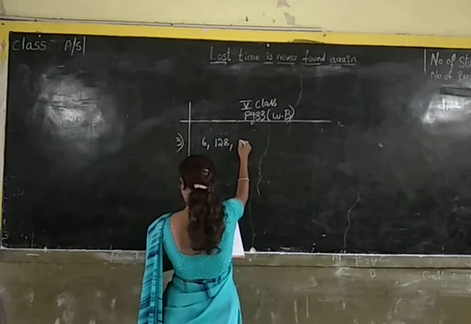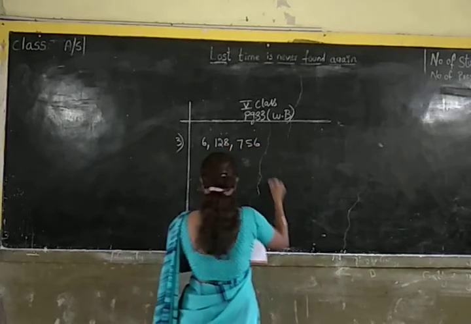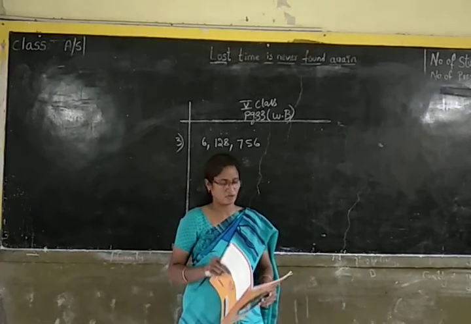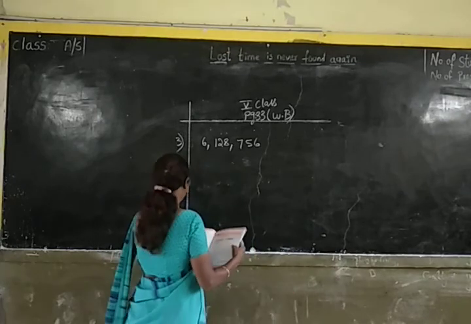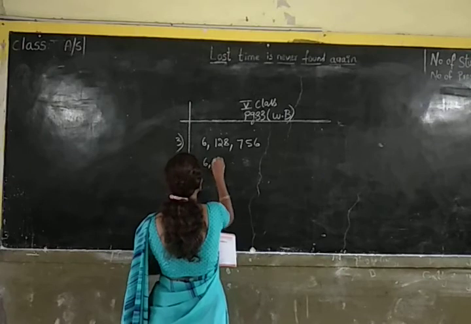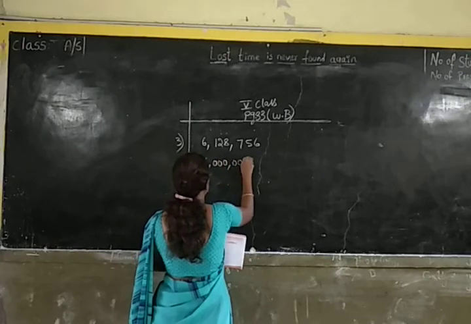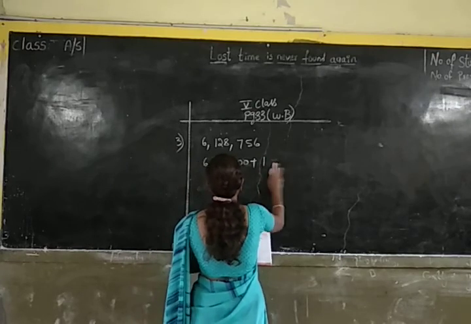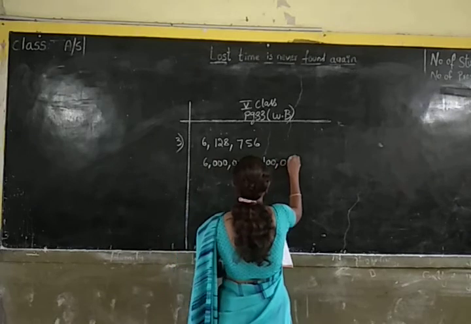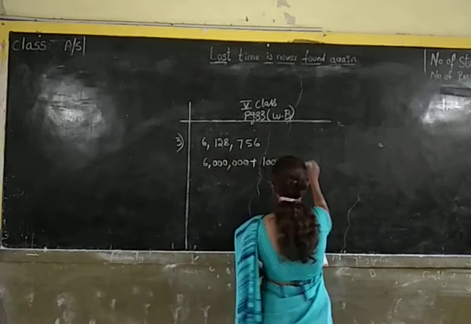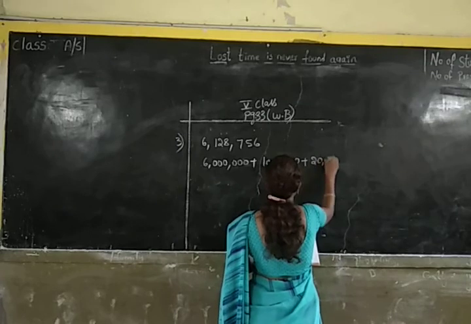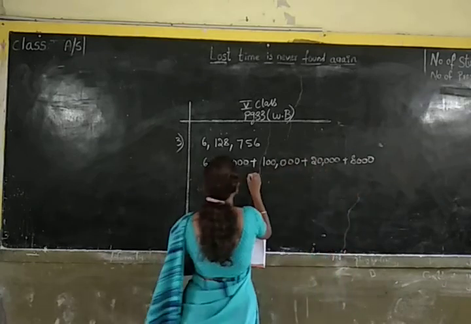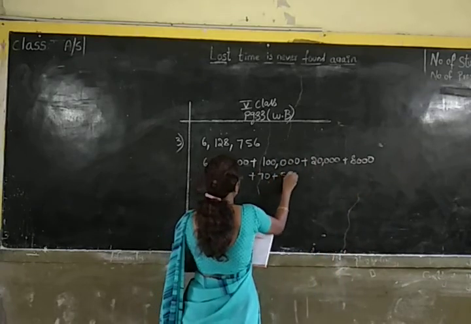Six millions 128,756 can be decomposed as. Decomposed means you have to write the expanded form. So plus 6 millions plus 100,000 plus 20,000 plus 8,000 plus 70 plus 56.